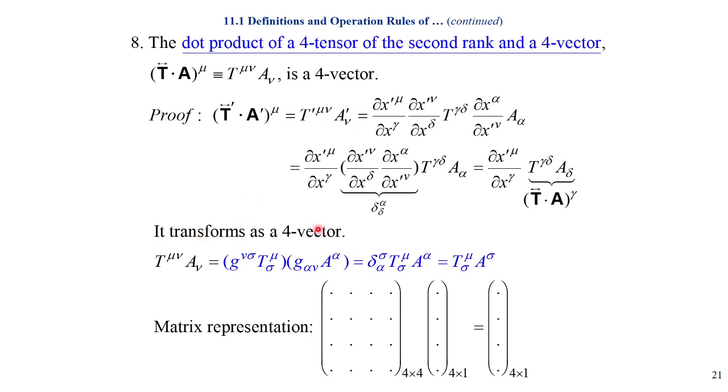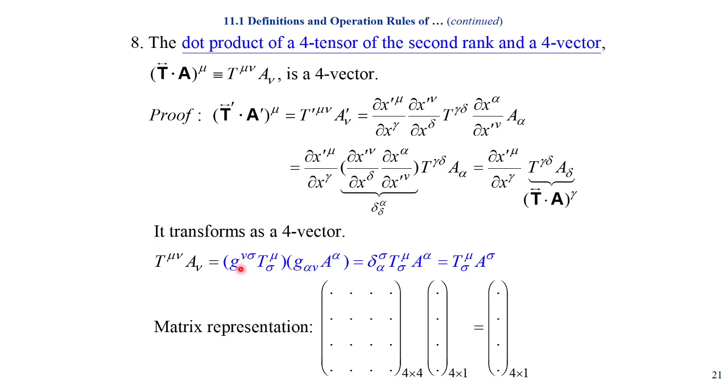It's transformed as a four vector. So this one transforms, and we can have different expressions: T^{μν} A_ν. We can use a metric tensor g_{μσ} T^{μσ}. Okay, we can change this one and g_{αμ}.